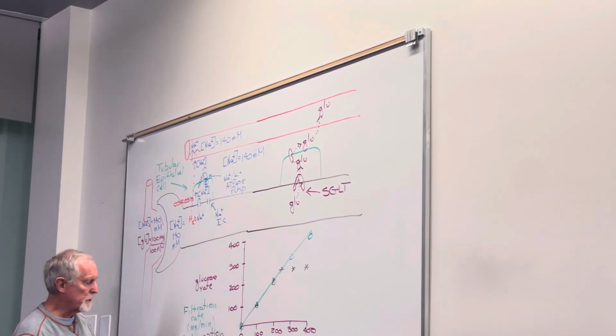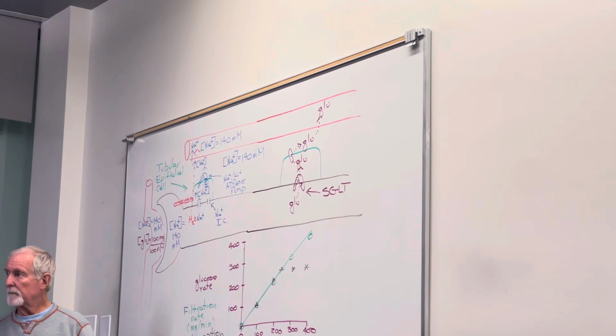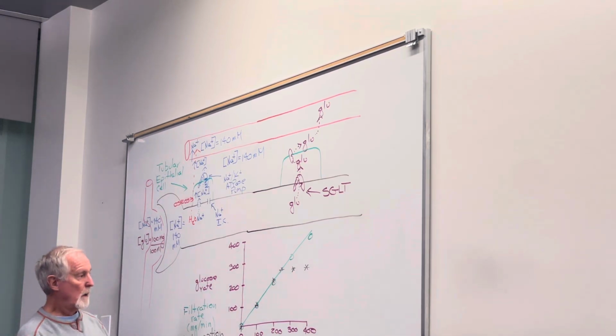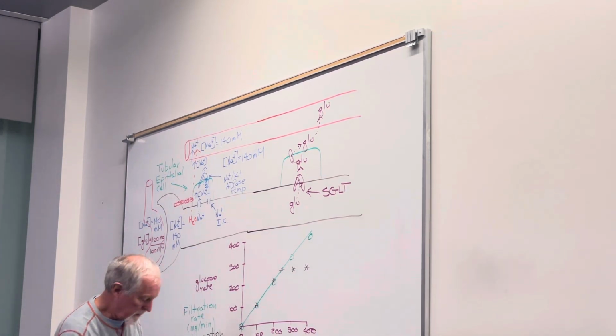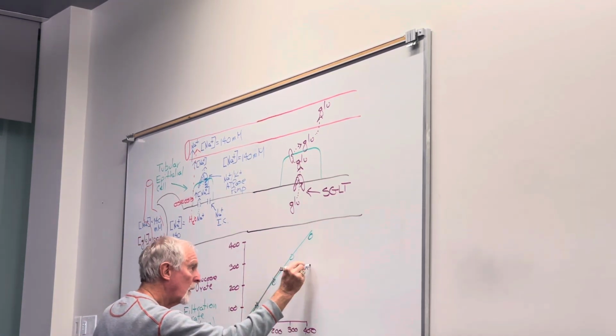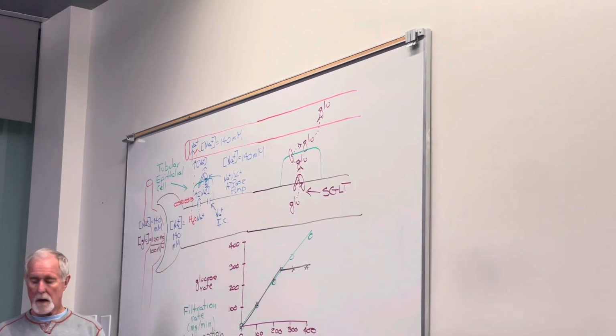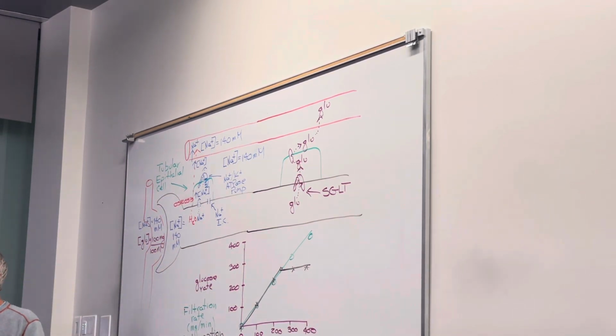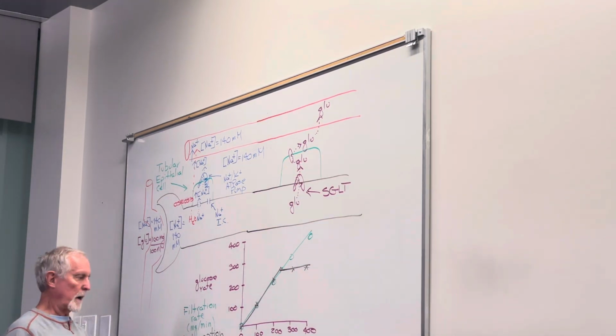We're going to do excretion rate. If the concentration of glucose in the blood is 100 milligrams per 100 milliliters, you're going to tell us that the excretion rate is going to be what? 0. That's exactly right.